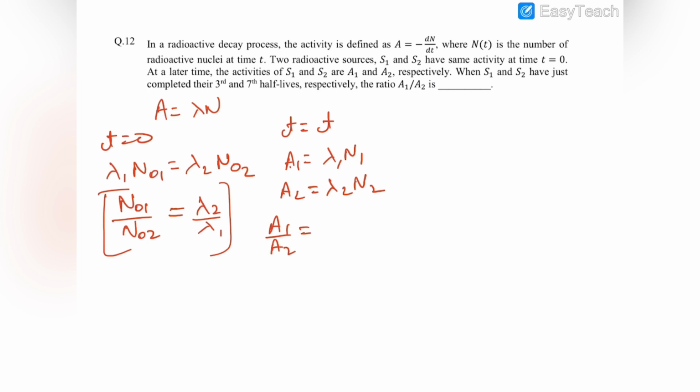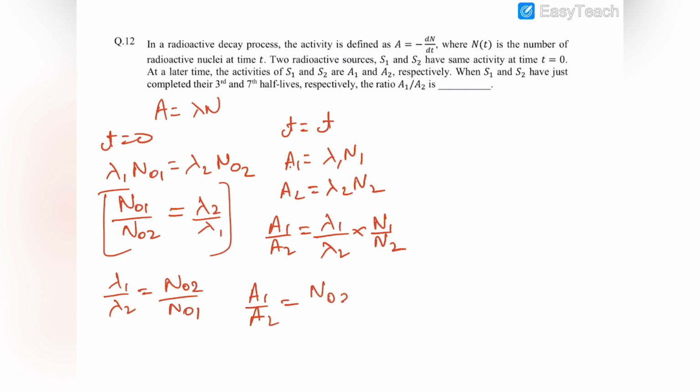So A1 by A2 would be lambda 1 by lambda 2 into N1 by N2. So lambda 1 by lambda 2 will be equal to N naught 2 by N naught 1, and this is N1 by N2.